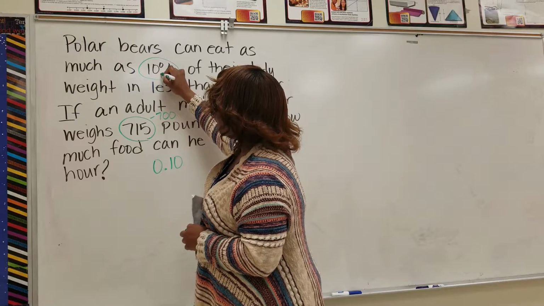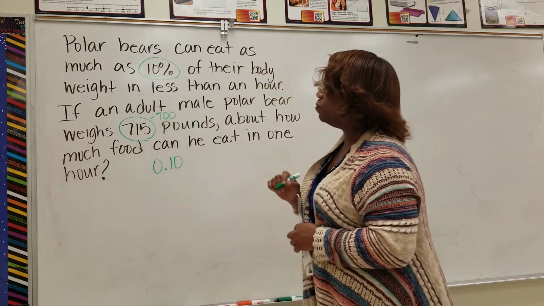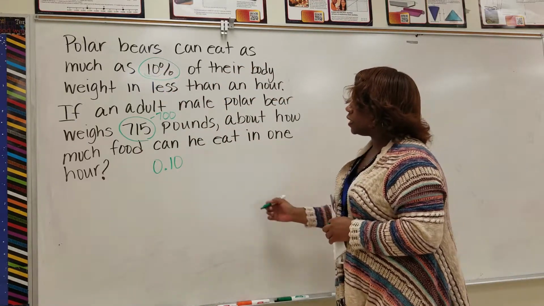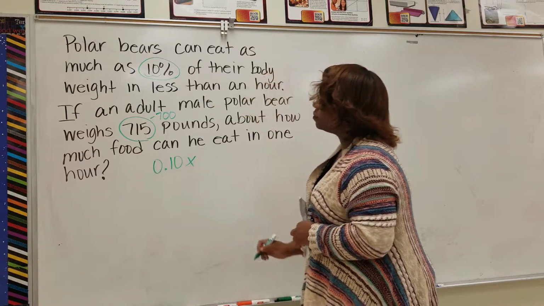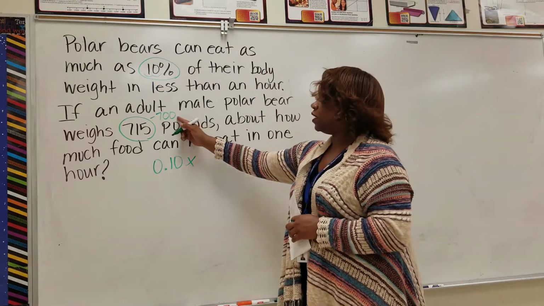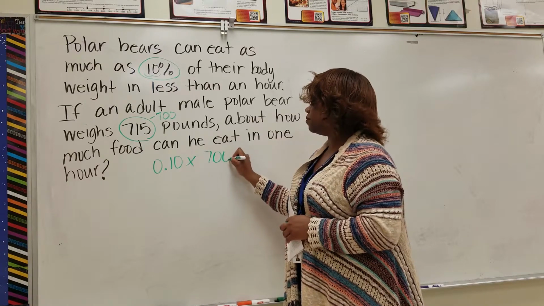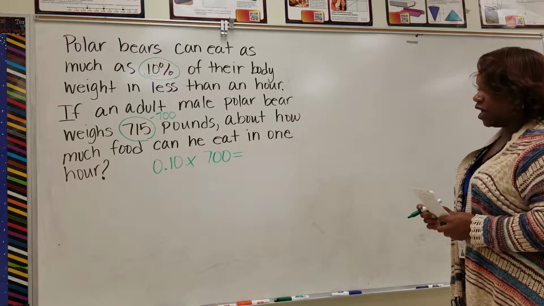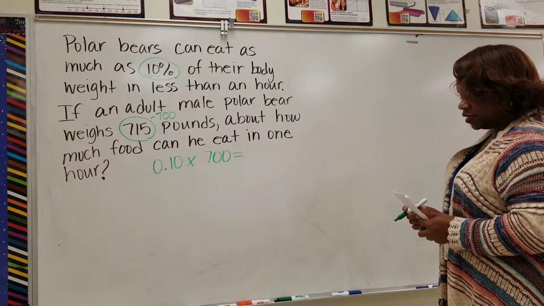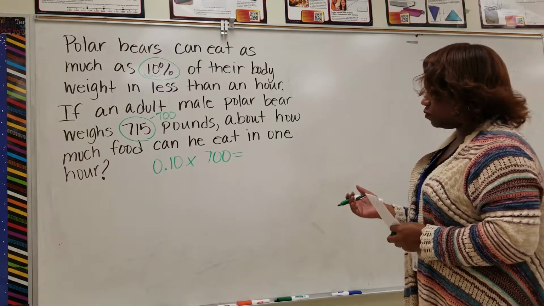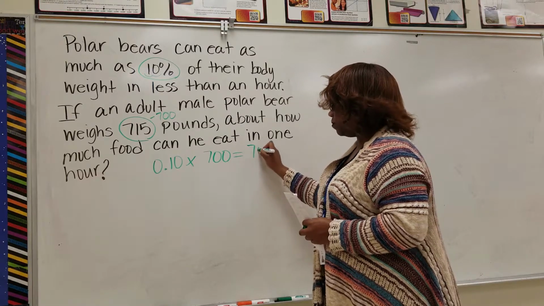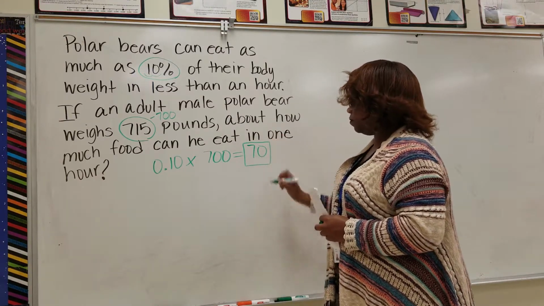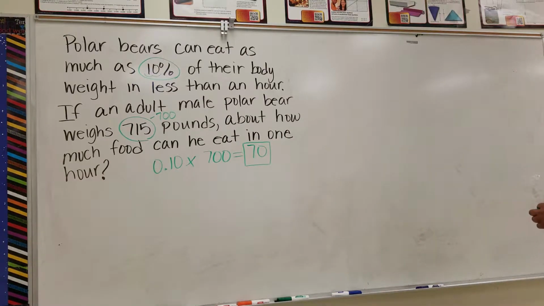Why? Because we took this decimal and moved it 2 places. And then we multiply, taking this 700 and multiplying it. So now we have 0.10 times 700, which will then give us 70. So about how much food can a polar bear eat in 1 hour? 70 pounds.